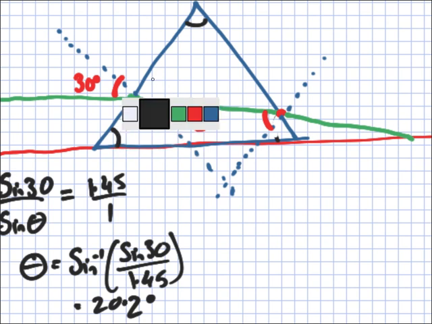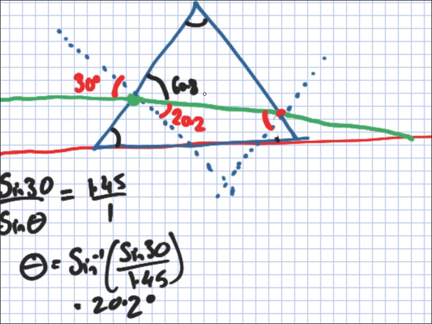We can know this angle, can't we? It's 90 minus 20.2. So what's that? 69.8.